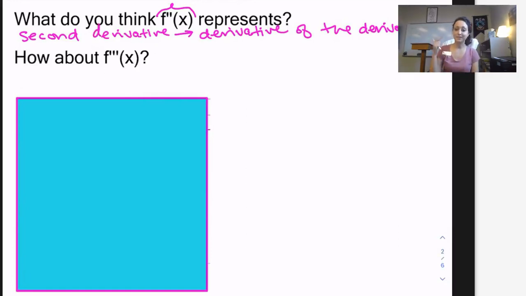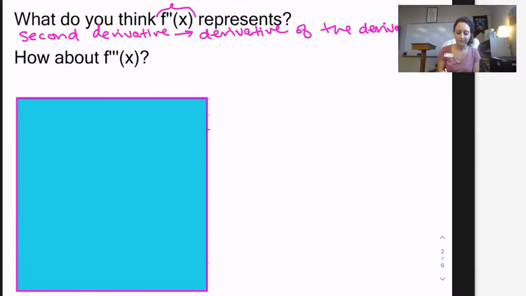If I have f with 3 tick marks, that is f triple prime, okay? So that would be the derivative of the derivative of the derivative. So we can just keep taking derivatives and we denote them like so. You can probably see that after about 3, it starts to get hard to read how many tick marks you have there.